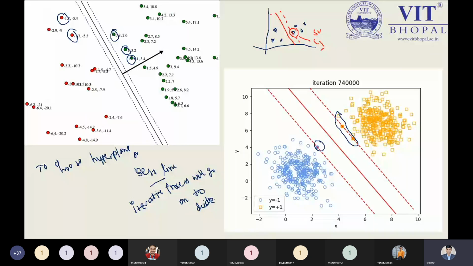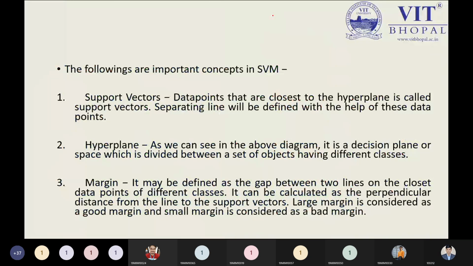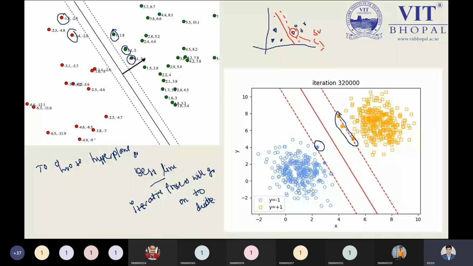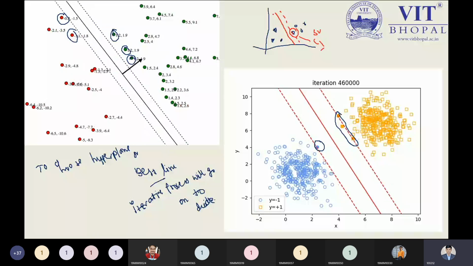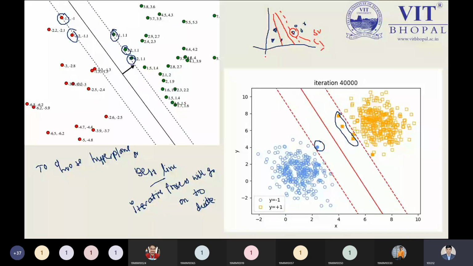What is the meaning of the margin? Please note down this important point. Margin is calculated as the perpendicular distance from the line to the support vector. It means we can't take any line like this one, because the distance is calculated in a perpendicular way.